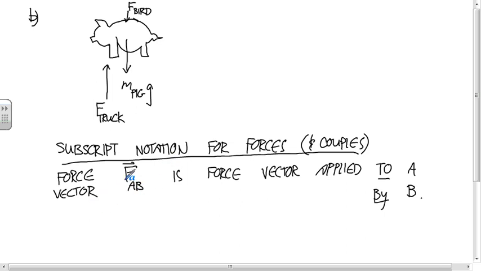For couples, if you named your couple MAB, that would be the couple applied to body A by body B. Again, those couples are not going to come up until we talk about rigid bodies, because you can't talk about rotations for things that have zero size.